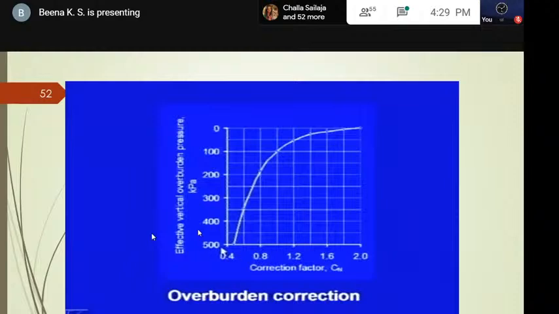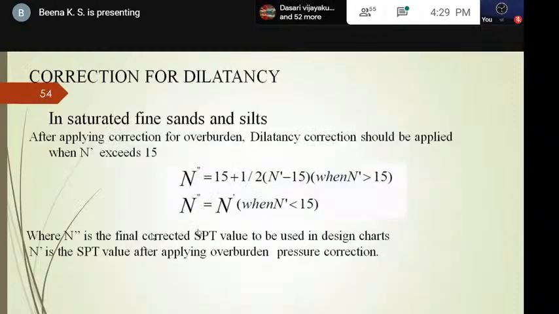Then the next correction is the dilatancy correction, where in saturated fine sands and silt, this correction for dilatancy is done, where the N value exceeds 15.